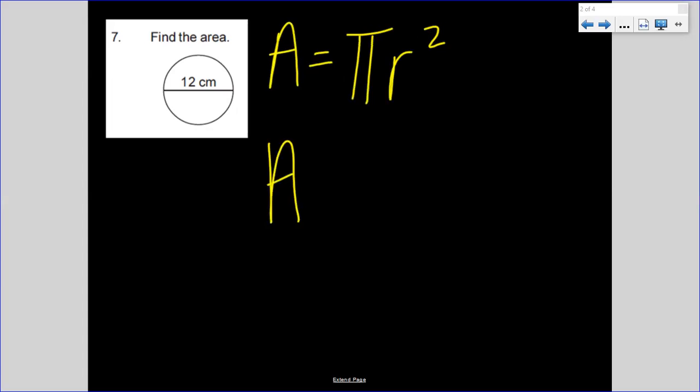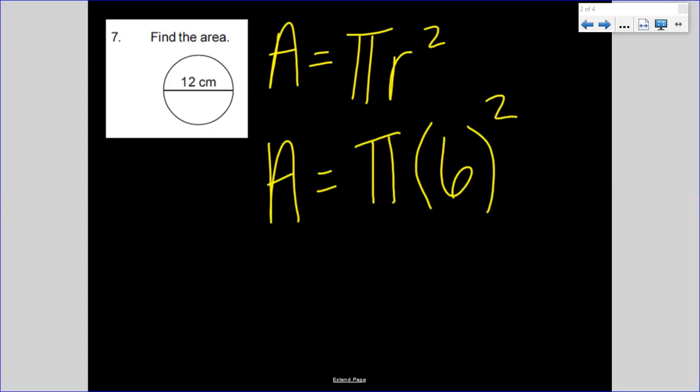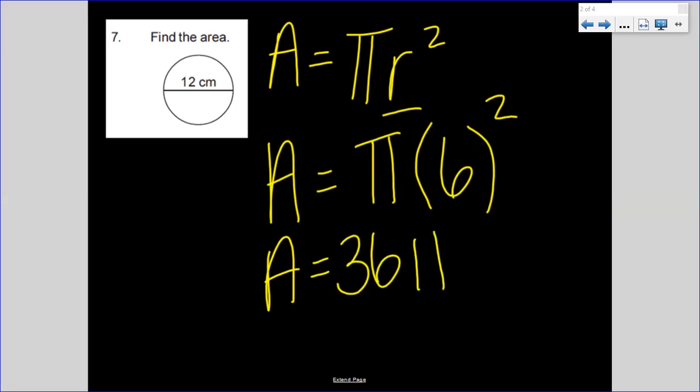So the area of this circle is pi times 6 squared, because radius is half of the diameter. If the diameter is 12, that makes the radius 6. We'll do it with the pi symbol first. 6 squared is 36, and then we have pi.